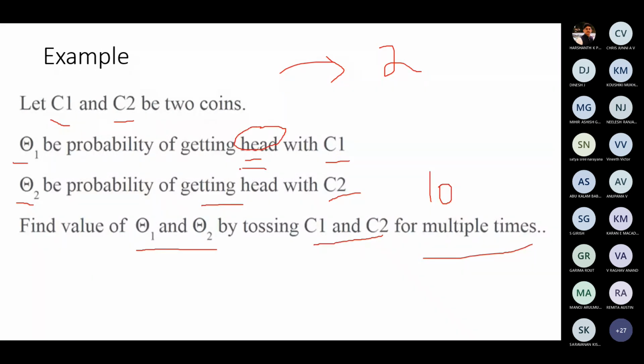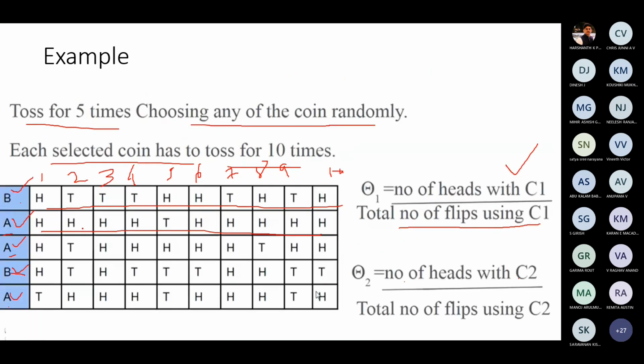We are not bothered about tail. So theta 2 is the number of heads with coin 2 by the total number of flips using coin 2.